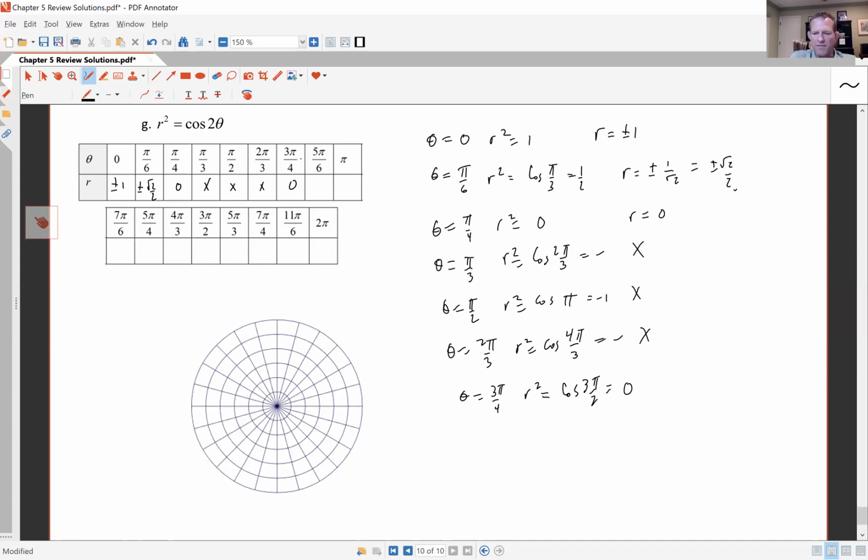All right, now we're looking at 5 pi over 6. R squared is cosine 2 times 5 pi over 6, or 5 pi over 3. So this is where r squared becomes positive again. 1/2, or r is equal to plus or minus square root of 2 over 2. Remember, root 2 over 2 is around 0.7.